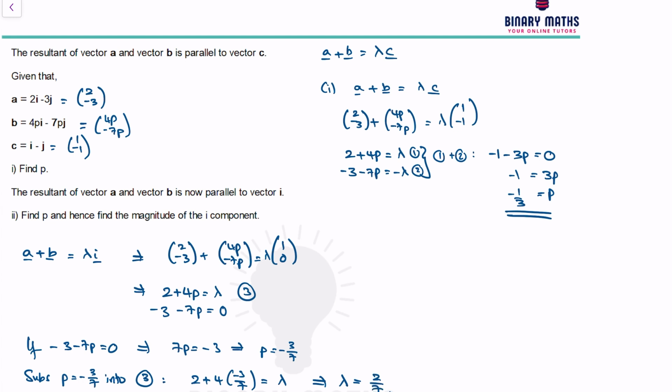Therefore, A plus B is equal to 2 over 7 i, which implies the magnitude of the i component is equal to 2 over 7.